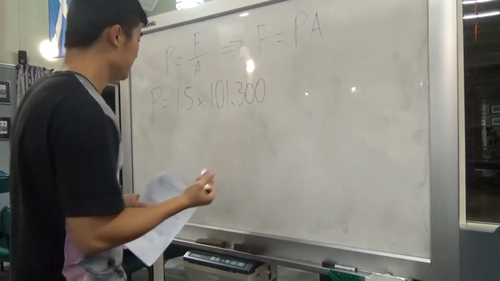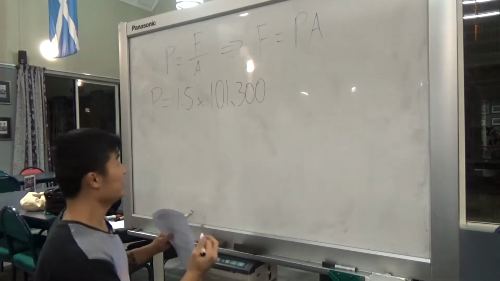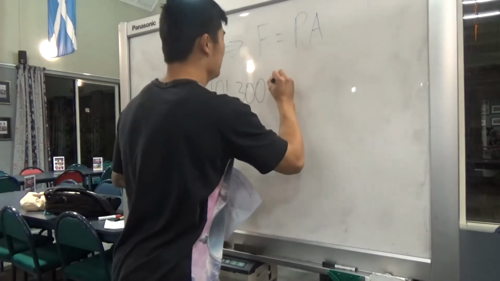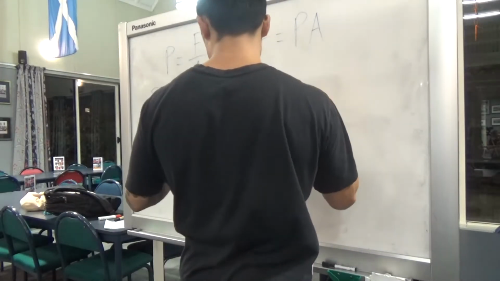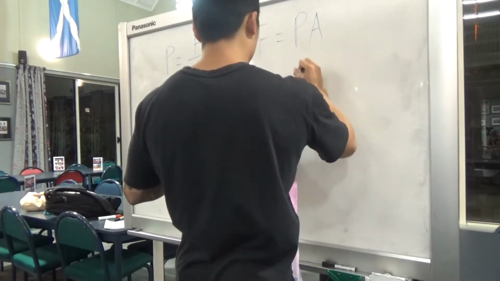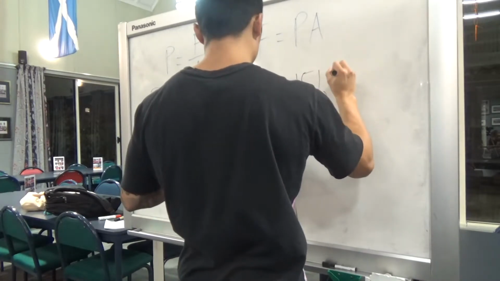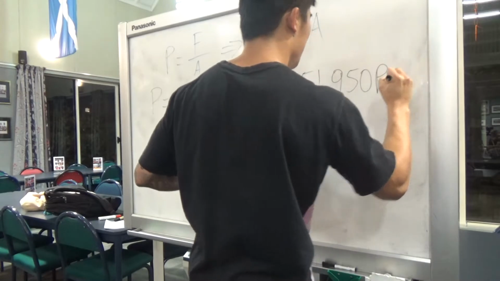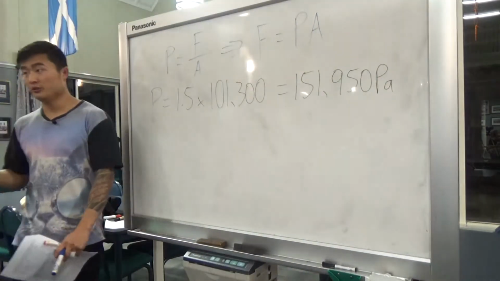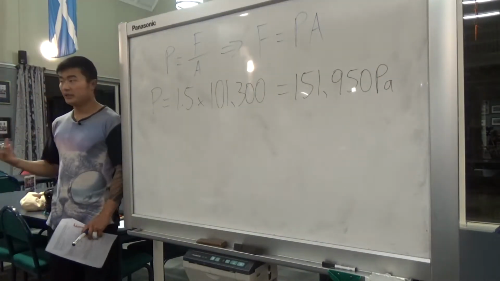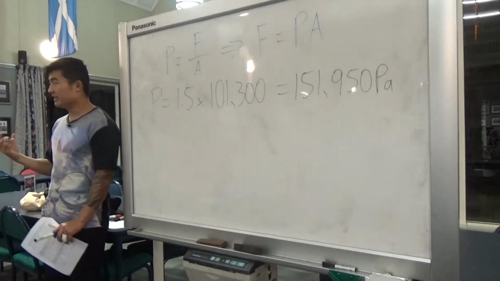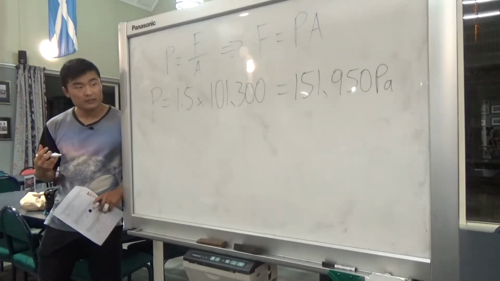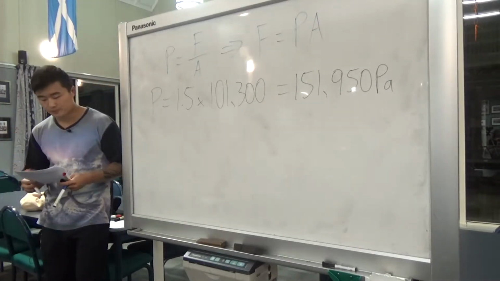So 1.5 times 101,300, which is equal to 151,950 pascals. Okay, so it's very important to read the units carefully to make sure that you don't get caught out. Otherwise, you'll get the wrong answer.